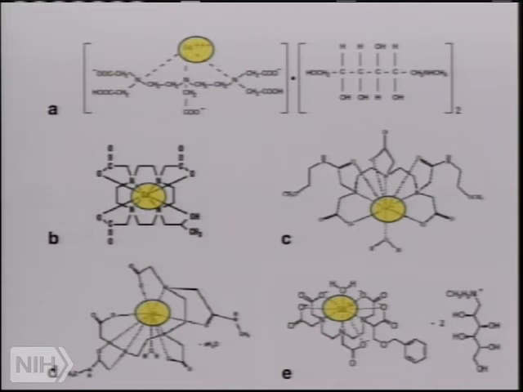There are a number of different agents that are commercially available, and they all have gadolinium in them. Some have a kind of caged chemistry that prevents the gadolinium from escaping, and others have a more linear relationship with the gadolinium.